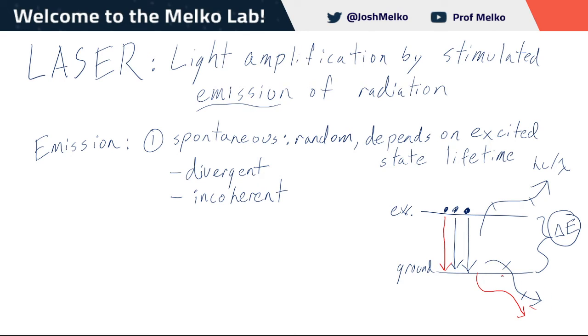These are now out of phase with each other. That's what incoherent means: different phases. Those two photons traveling in the same direction will offset and destructively interfere. So this spontaneous emission is going to have divergent, incoherent light. An example of this would be a light bulb.